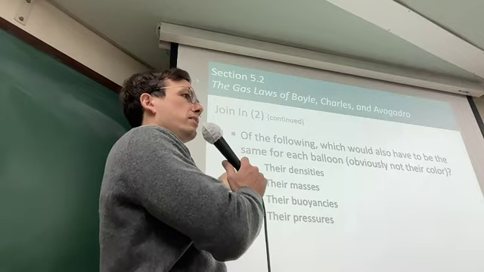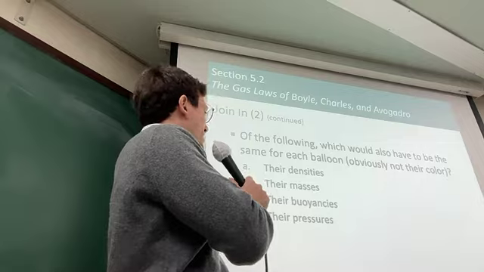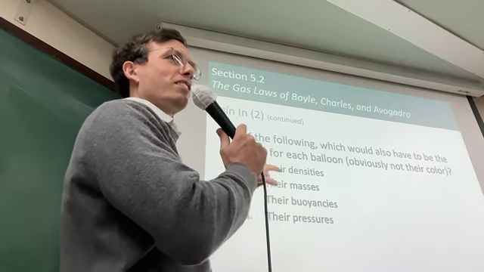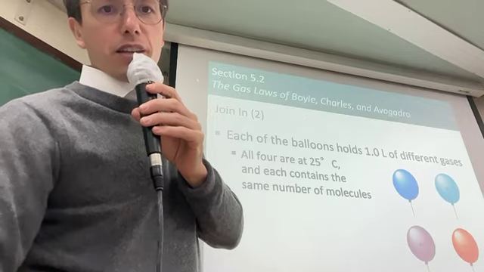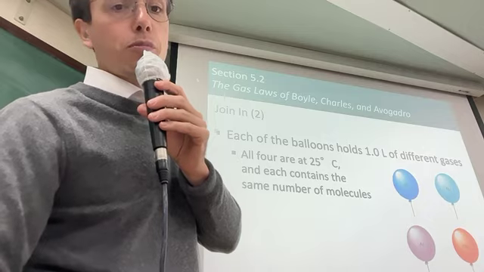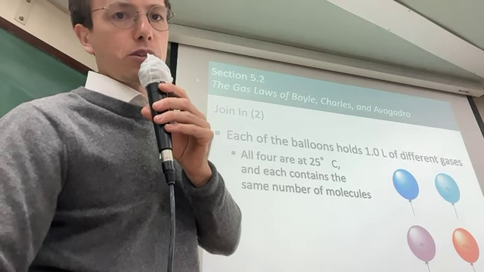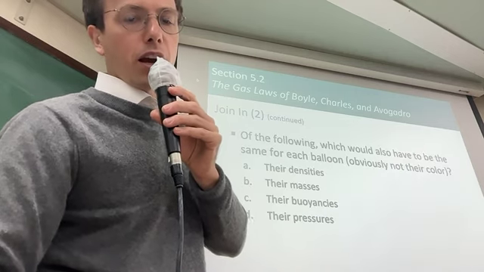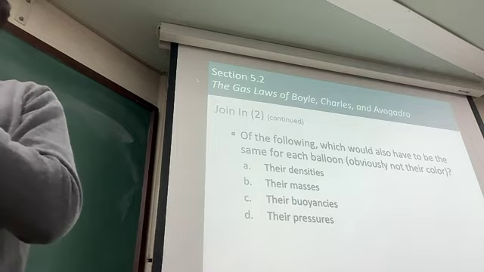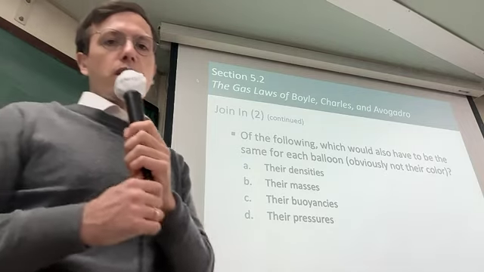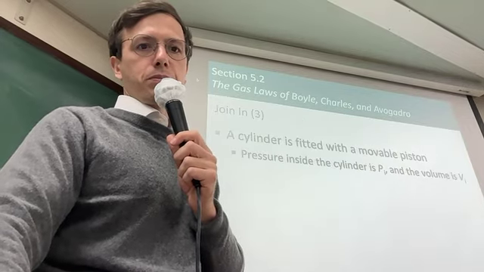B, masses. C, buoyancies. D, the pressures. Okay, so we said that the number of molecules is the same. The volume is also the same, right? So if the volume is the same and the temperature is the same, the pressure has to be also the same, right? So that is what needs to be constant here.